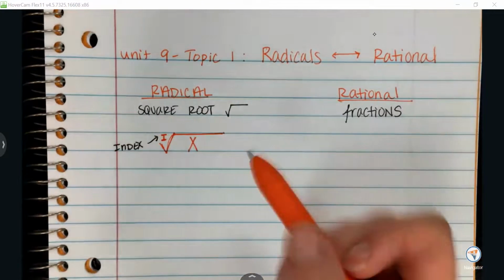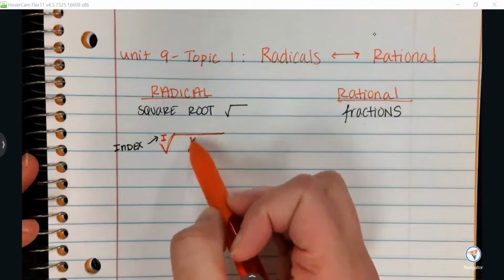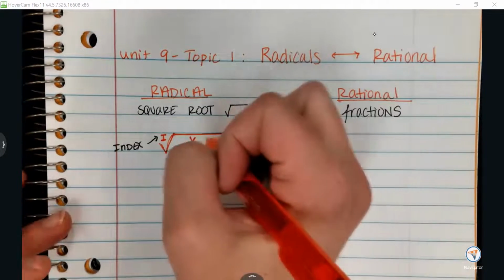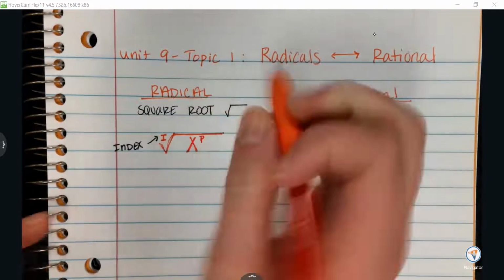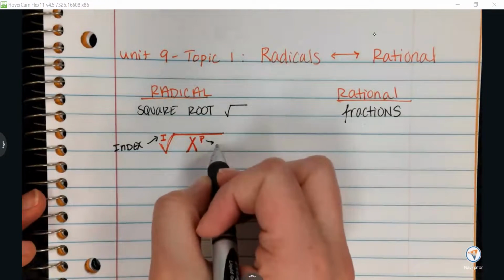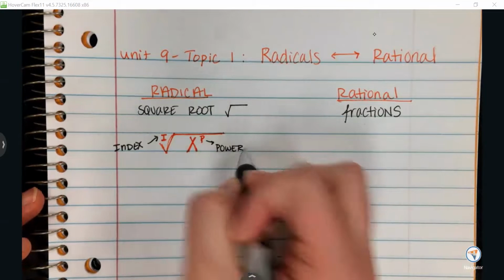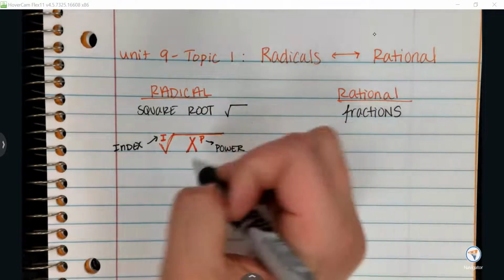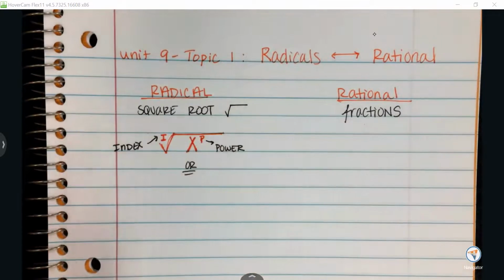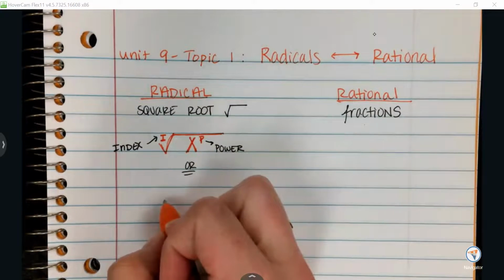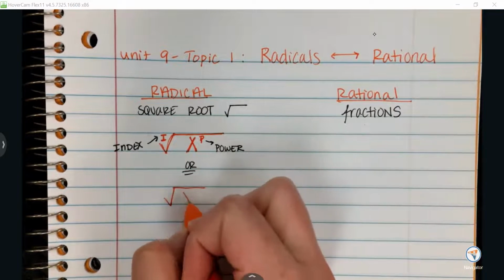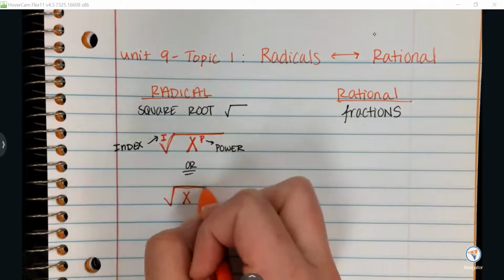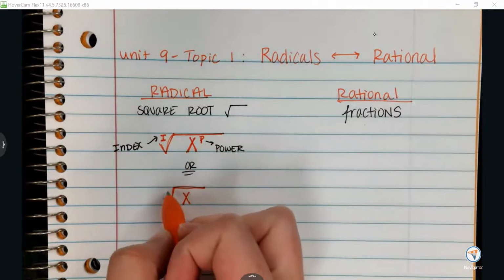And then the X can have an exponent, and we're going to give it the letter P for power, like an exponent to the second power or to the fifth power. Now, this can actually be written a different way, and you have to understand both ways. I can have the radical house with the letter X. My index always stays there.